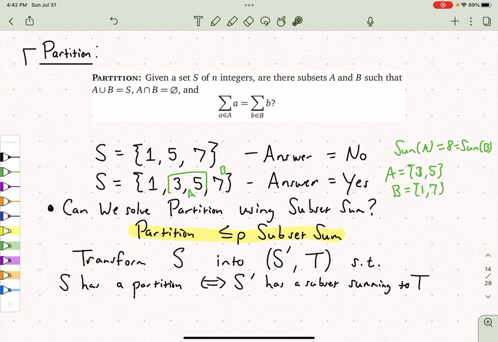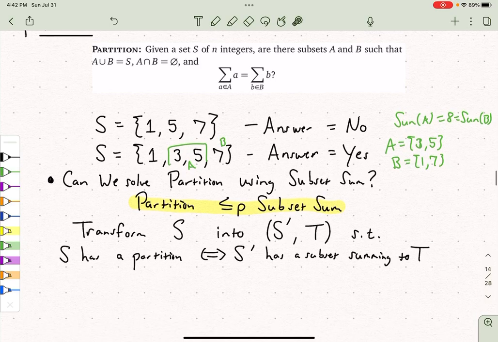So now that we understand the problem, we want to find an algorithm to solve the problem. In particular, we want to solve the problem assuming we can solve the subset sum problem. As we know, subset sum is NP-hard, so it's a very general problem, so we should be able to solve partition using it. So we want to find a polytime reduction from partition to subset sum.